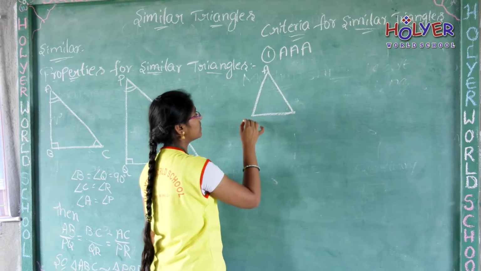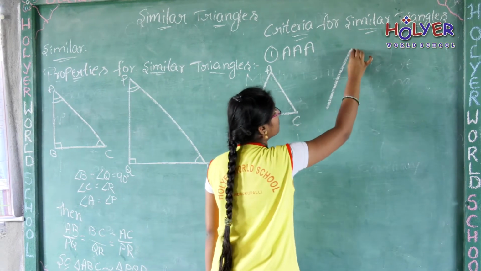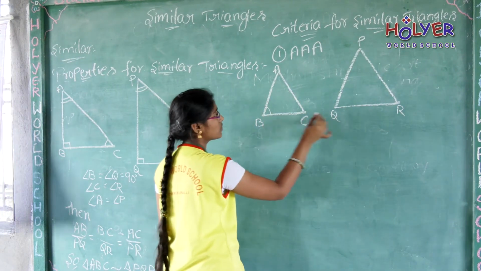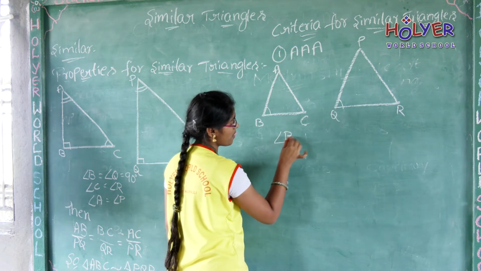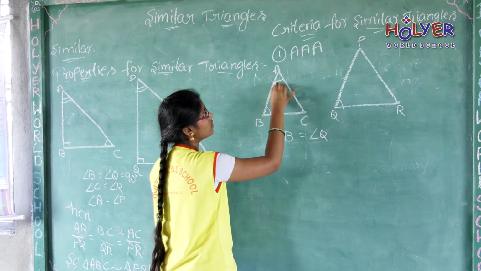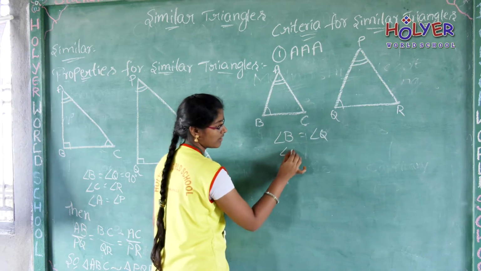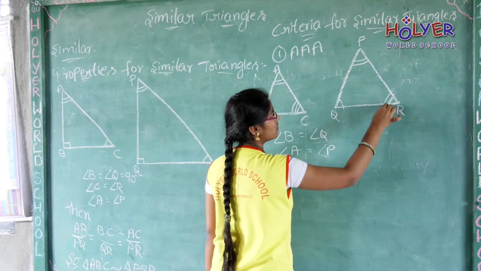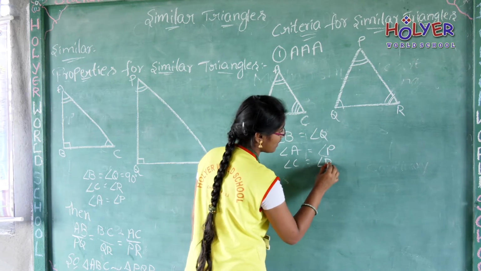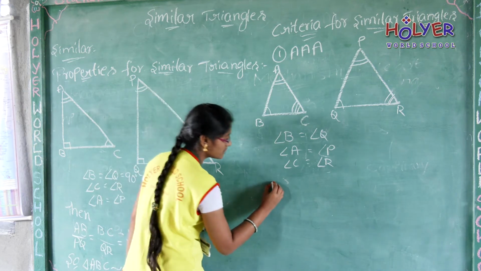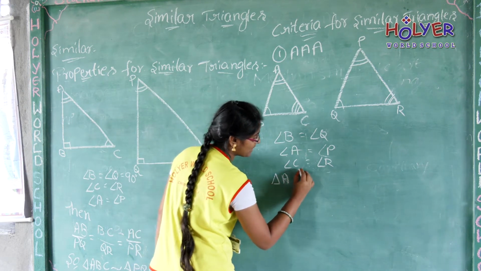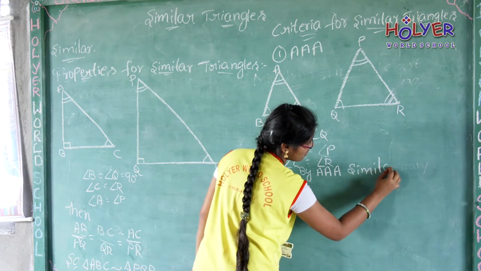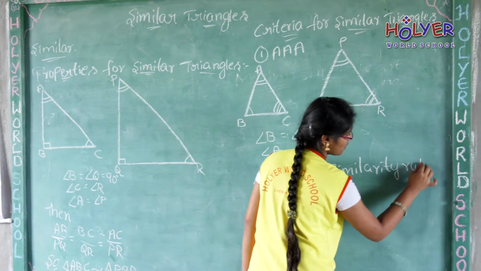In triangle ABC and triangle PQR, angle B is equal to angle Q, angle A is equal to angle P, and angle C is equal to angle R. By the AAA similarity rule, the two triangles are similar.